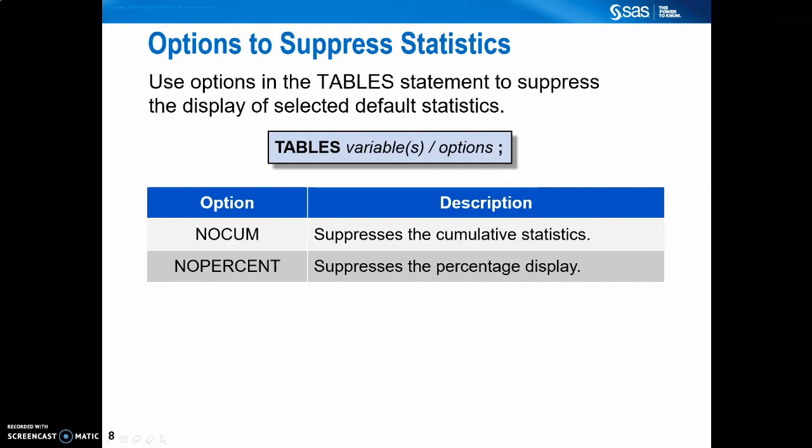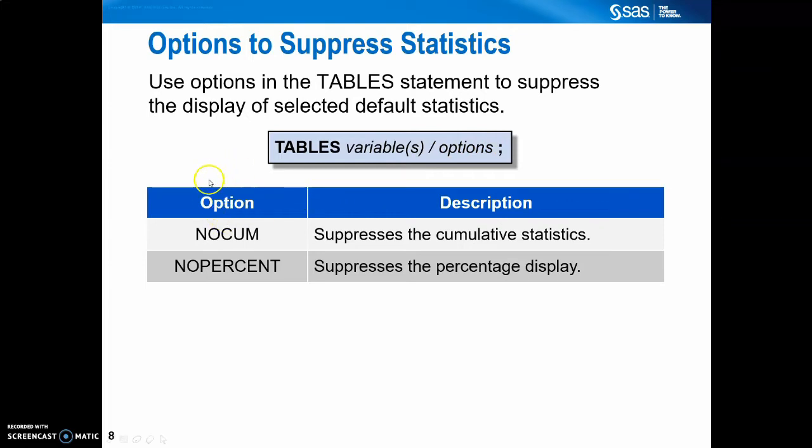As we can see here in the general form of the TABLES statement, TABLES is followed by the names of the variables, and then followed by the list of options. So here are the options that we can use in order to suppress statistics from the TABLES default statistics.